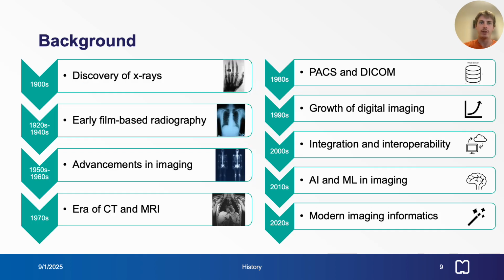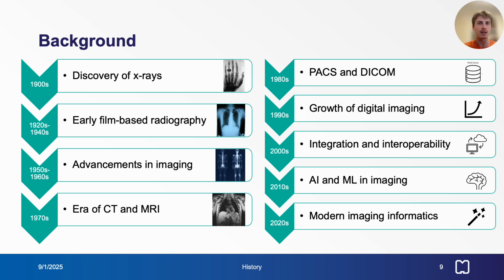In this diagram is illustrated a bit of history around medical imaging informatics. The early 20th century saw the discovery of X-rays by William Röntgen, with images captured and stored on film through manual processes. By the mid-20th century, advancements in imaging modalities like ultrasound and nuclear medicine expanded diagnostic capabilities. The 1970s marked a pivotal shift with the introduction of CT and MRI, laying the groundwork for digital systems.